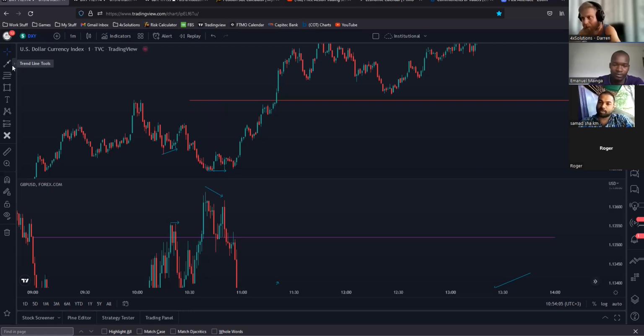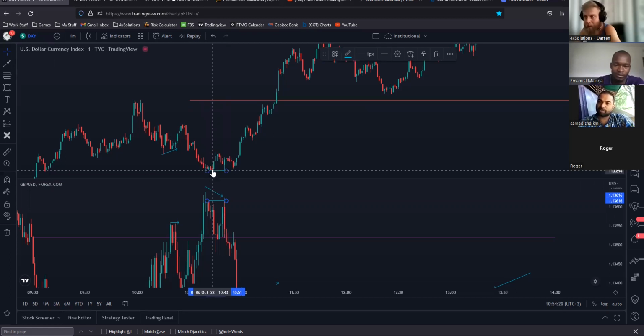So when price trades into this 1 minute rejection block here, why did the DXY not trade into that rejection block over there? Or when one trades into the order block, the other one doesn't. Or when one closes the void, it doesn't.